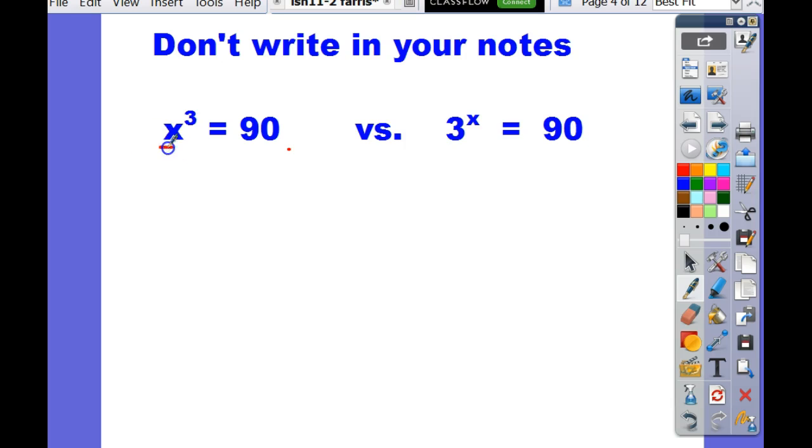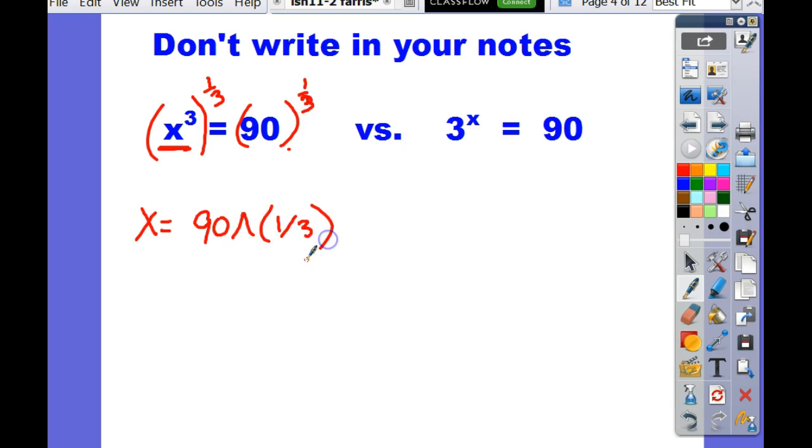What is the base here? X. So to solve for X, you have to get rid of the power. You would do that by raising it to the reciprocal power, and X would be whatever that is that you would calculate out with your calculator.